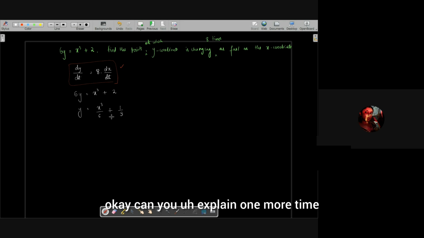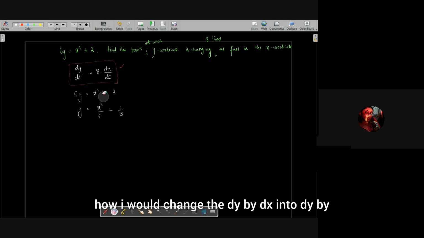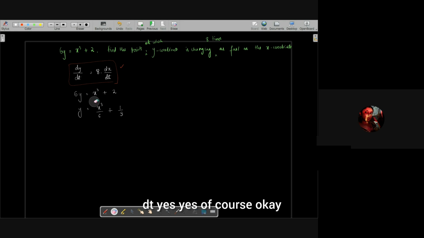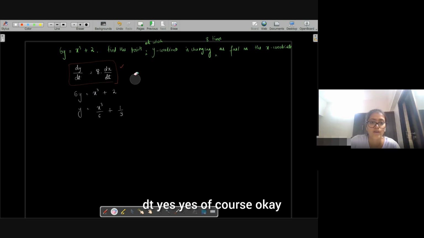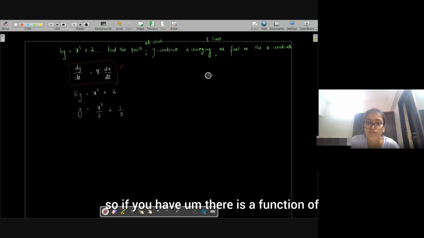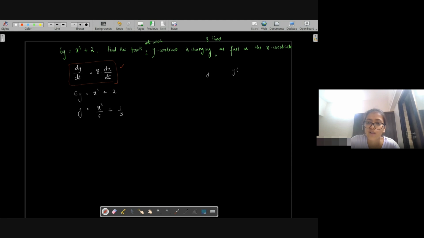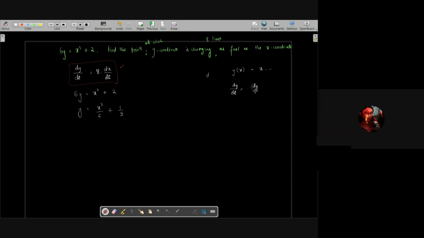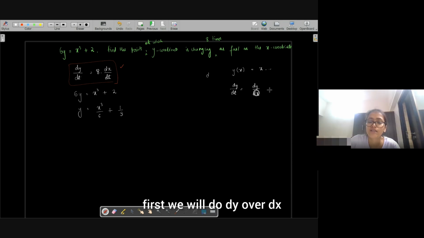Can you explain one more time how I would change the dy by dx into dy by dt? Yes, of course. If y is a function of x, and you have to find dy over dt, first we will do dy over dx times dx over dt.